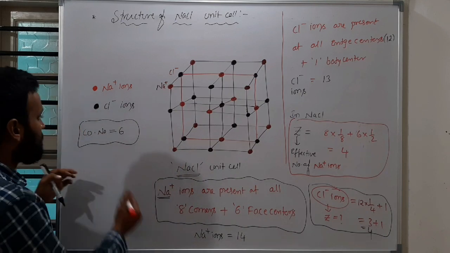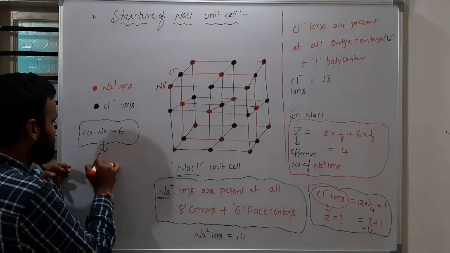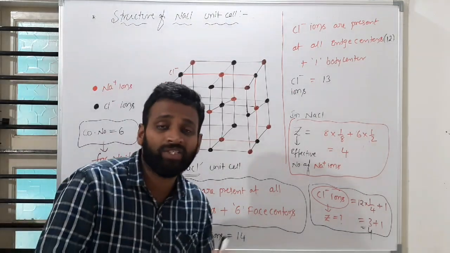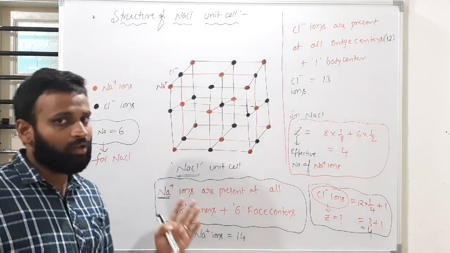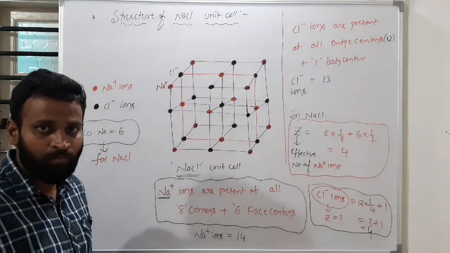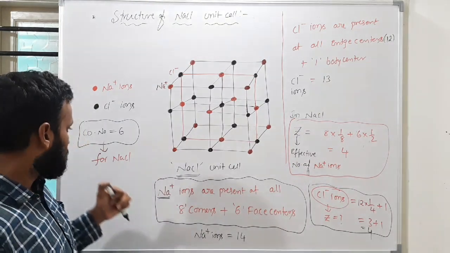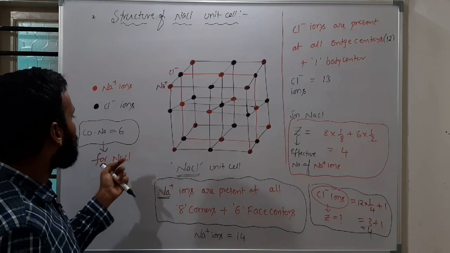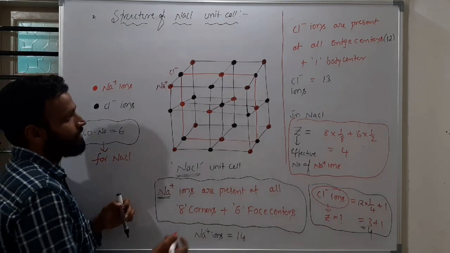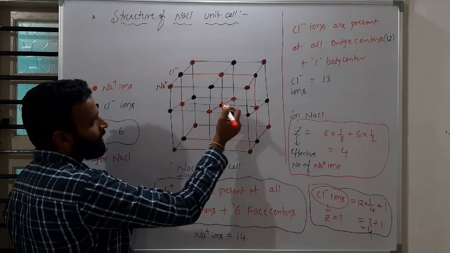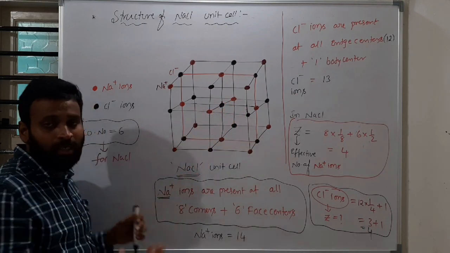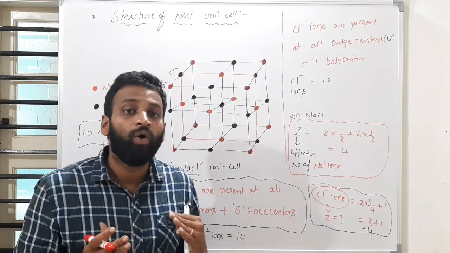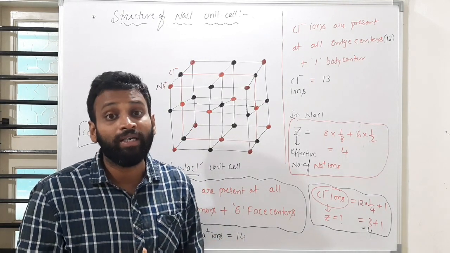That means the coordination number is 6 for NaCl or other NaCl-like structures. KCl is also similar to NaCl. So the coordination number for NaCl is 6. You can count here. What is the definition of coordination number? The number of oppositely charged ions surrounding one ion is called the coordination number.